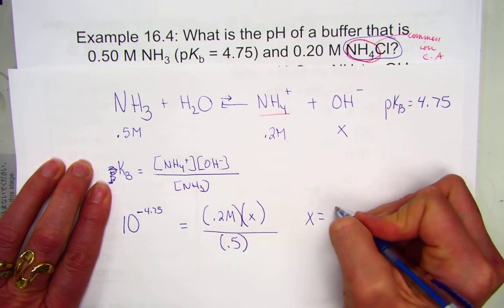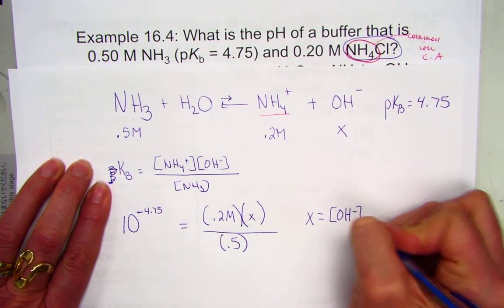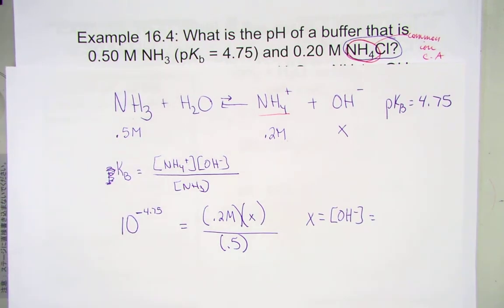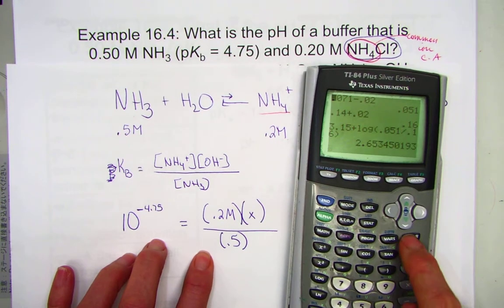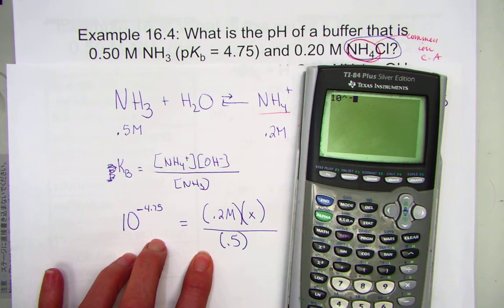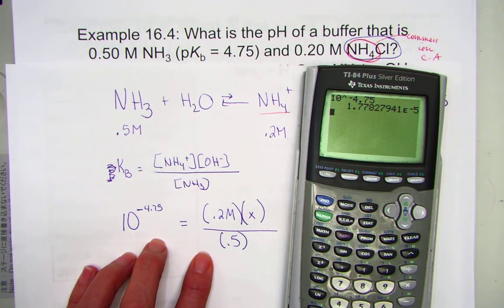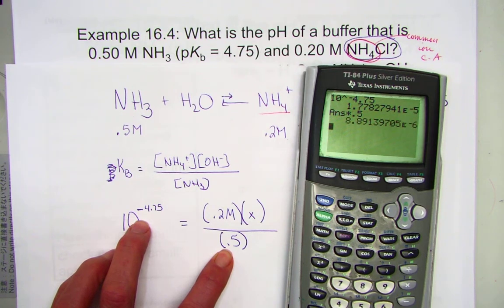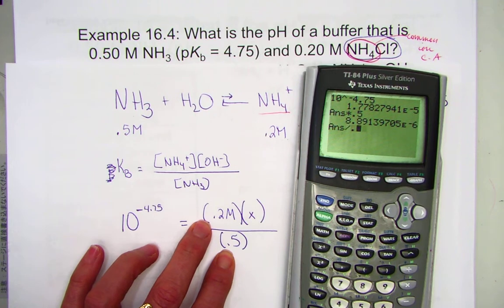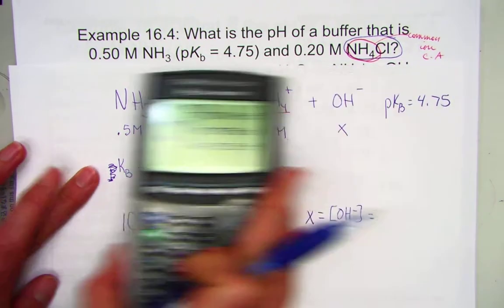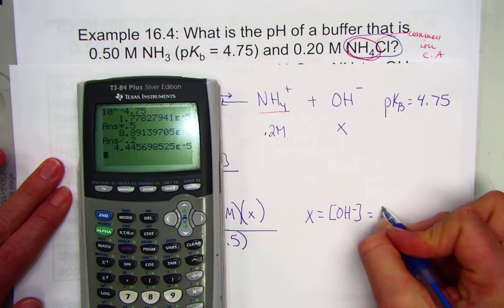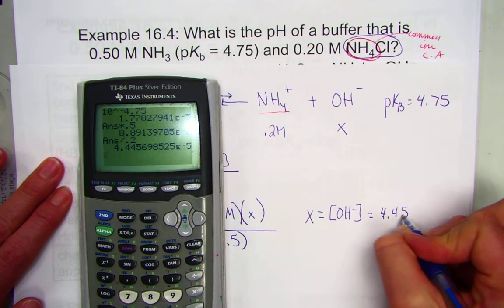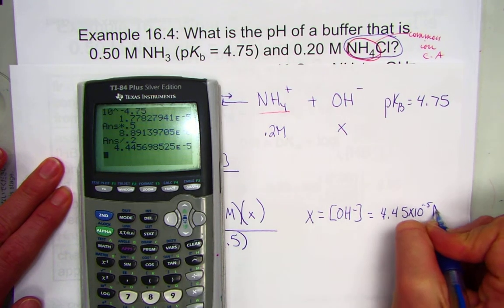Let's solve for X, knowing that that's representing hydroxide ion. 10 raised to the negative 4.75 turns my pKb into just a plain old Kb. I'll cross multiply times 0.5 and divide by 0.2, and I pull out X. And that gives me 4.45 times 10 to the negative fifth molar.